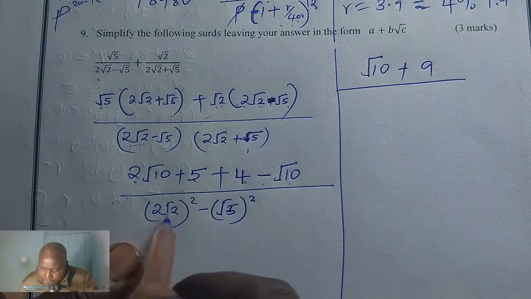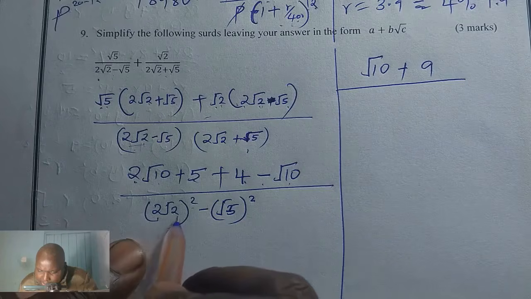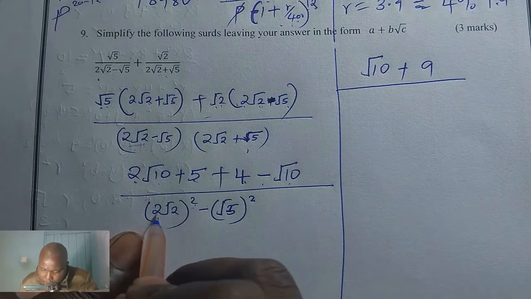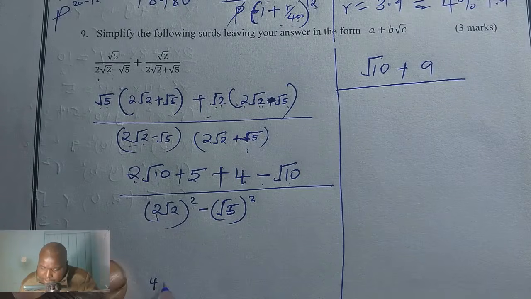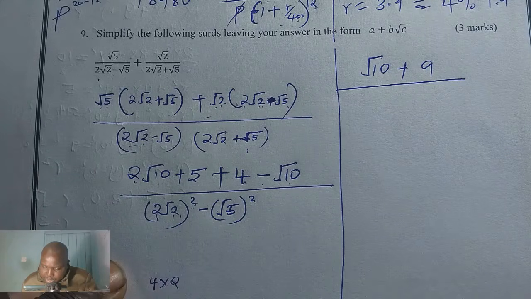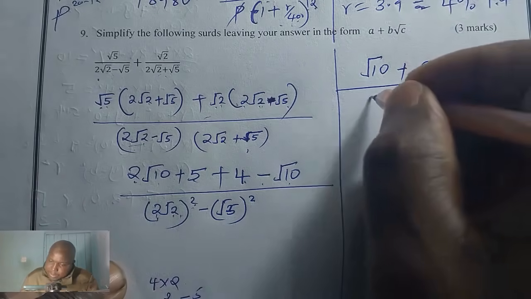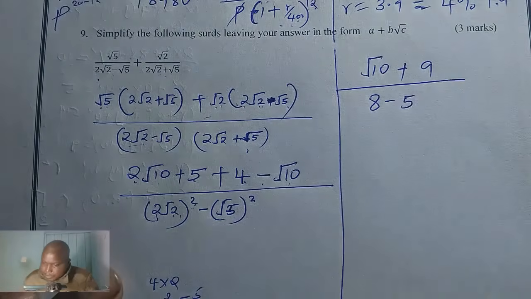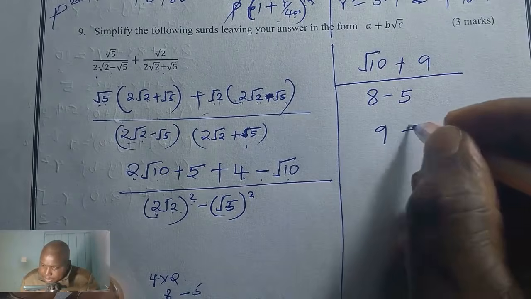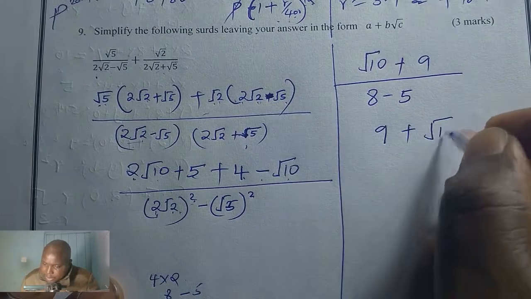For the denominator, you square everything. 2 squared is 4, times 2, that is 8, minus 5. This is 8 minus 5. So we can rearrange this one, that is 9 plus root 10 over 3.